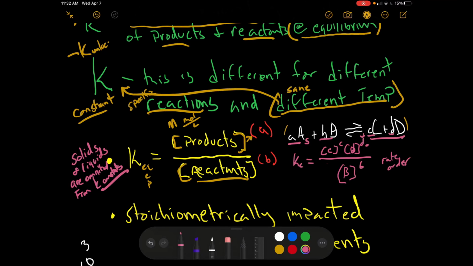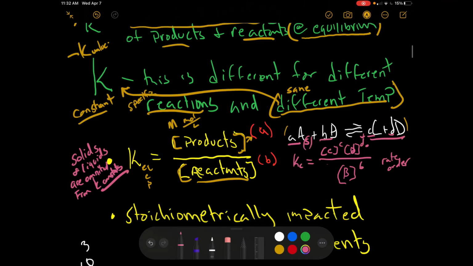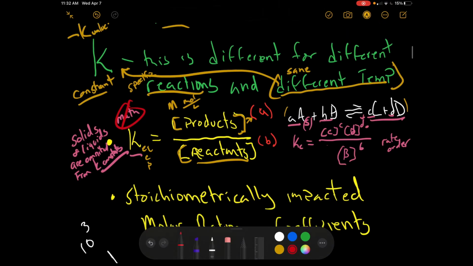Some other equilibriums do involve solids and liquids, but not for this equilibrium, and so we're fine on that. But just know this: if you see the states, and you'll always see these states, and you got a solid or liquid, omit them from the K expression. Remember, there's no math in an expression. You're literally just writing the generic form of that equation.